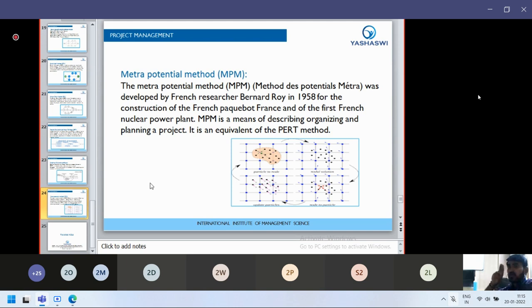Uranium and thorium. Anyone who knows about nuclear power plants is free to discuss here also. These are the nuclear power plants, and here is where they are located. These are the key aspects of a nuclear power plant. The Metra Potential Method is used in nuclear power plants because it comes underground.